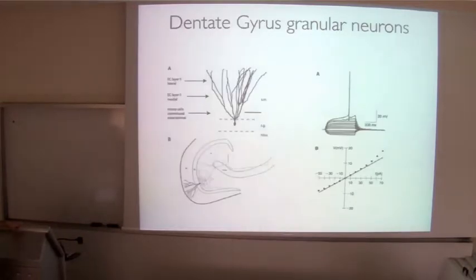Okay, so dentate gyrus. These are granular layers. This is very similar to the one that we talked about in the cerebellum as granular layers, but they have a very elaborate dendritic tree. On the other hand, it's a simple one, almost individual dendrites.